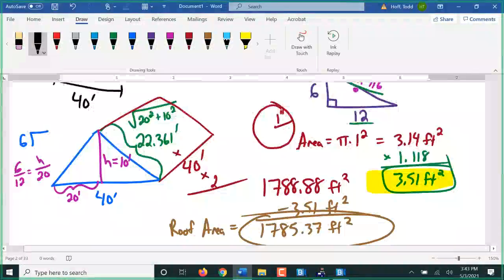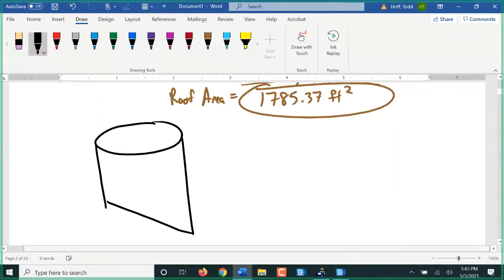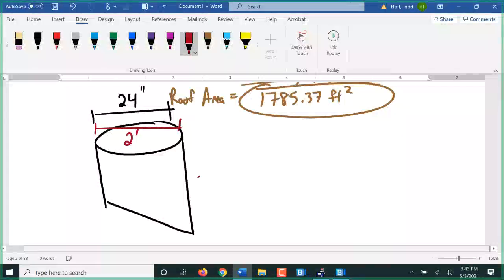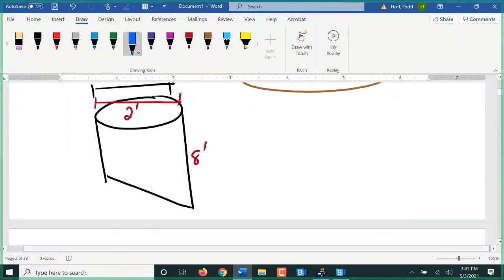So now we got some stuff to talk about with the chimney. This is 24 inches across here, right? I'm going to write it as 2 feet across there. 8 feet down the long side, obviously not drawn to scale. I'm drawing this triangle, this is 2 feet.